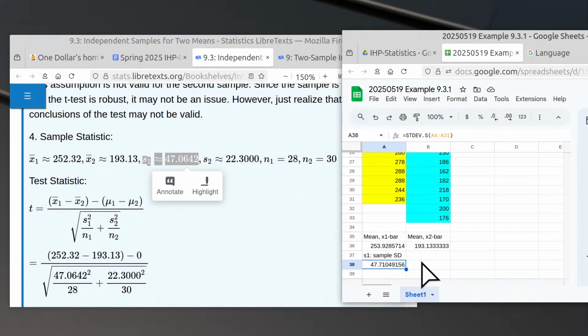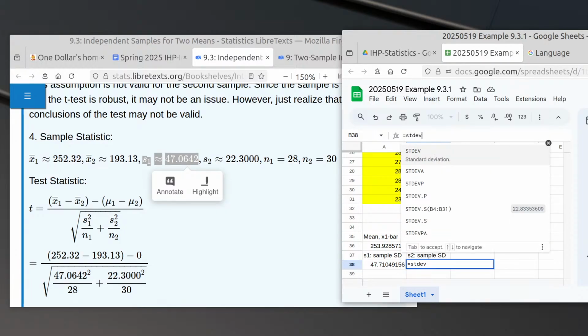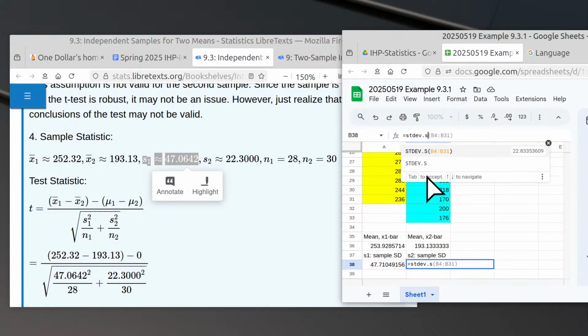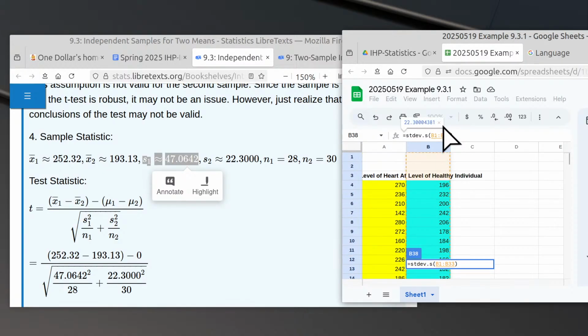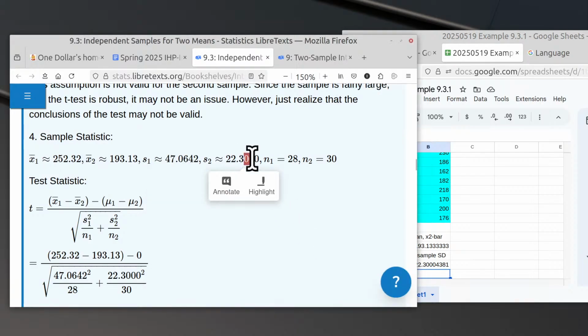And the second one, the same. Click here and move here. Click equal, standard deviation dot, yeah, 22.300, like this one, no problem.